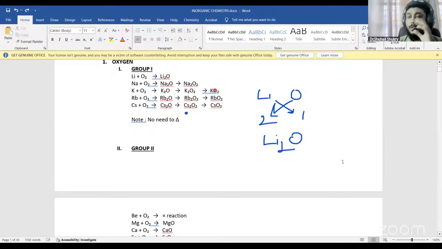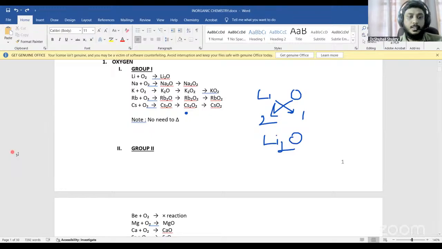Then they will go up to potassium superoxide. This KO2 means superoxide. Potassium, rubidium and cesium will all react up to the superoxide level. Lithium will only make the oxide, sodium will go up to the peroxide, and potassium, rubidium and cesium will go up to the superoxide. Now you have to remember this.